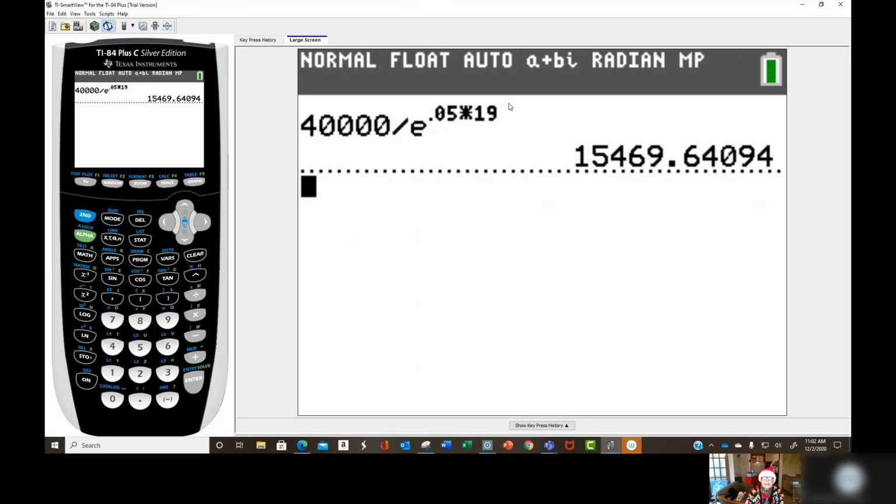And the way I got e raised to a number is I went second ln. Okay, that's what I missed. Yep, that makes sense now. And then you just put the 0.05 times 19, and then that's how you get your answer. Yes, hit enter and let's see.